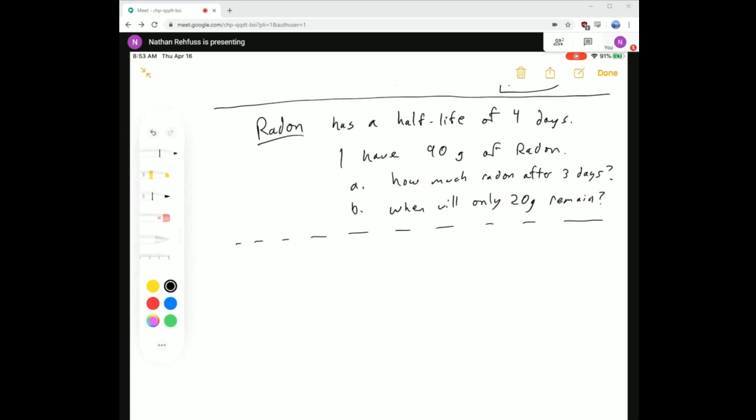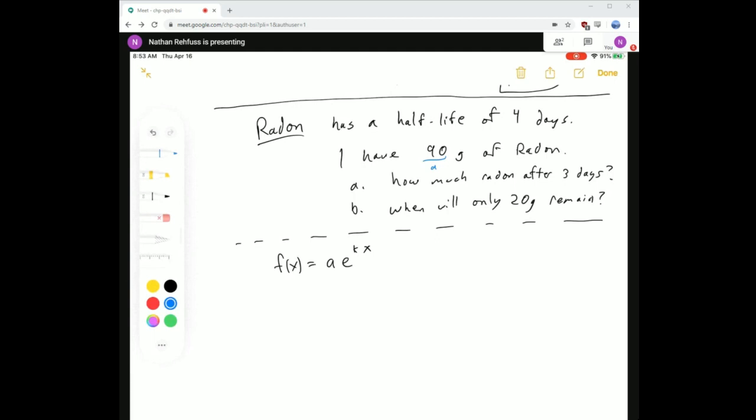So I could write something like f of x equals ae to the bx. I probably don't want to use b for that. I probably do want to use k because b means something else in this chapter. K is going to be a negative number because this is exponential decay. A, of course, is going to be this 90. So we're already halfway there.